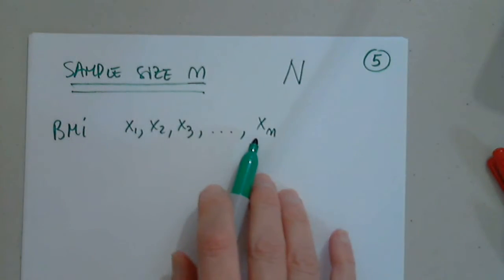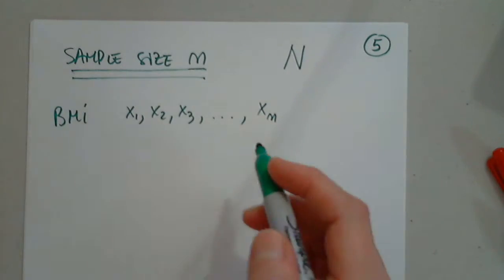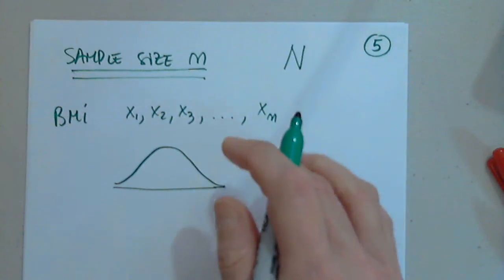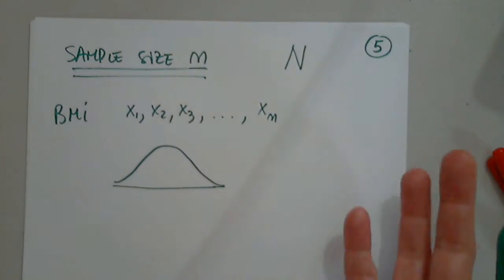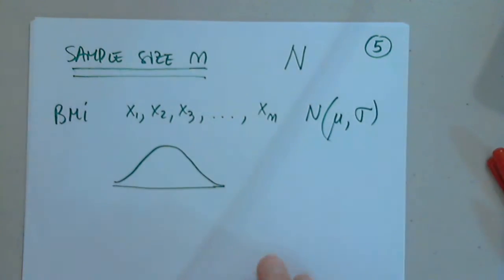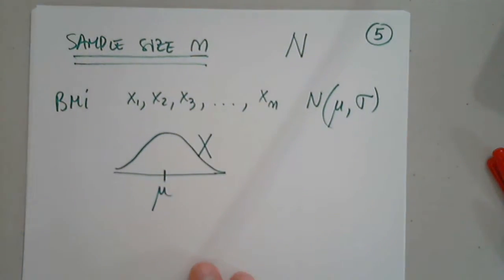I collect on n of you your BMI. Let's say I graph them. I realize that this is normal. I do the probability plot to assess normality. Let's say it's normal with mean mu and sigma. So I know that mu is right here, and this is x, and it's a normal random variable.